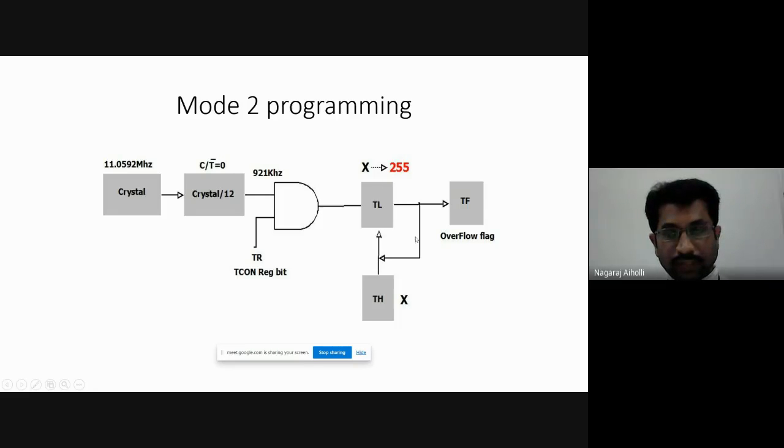This reloading is done automatically. That is why mode 2 programming is called auto reload mode, because the starting value is reloaded from TH into TL automatically once the timer overflow flag is set.